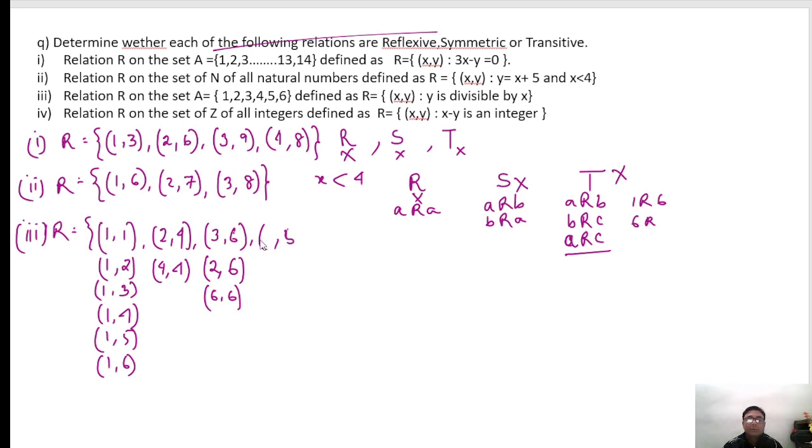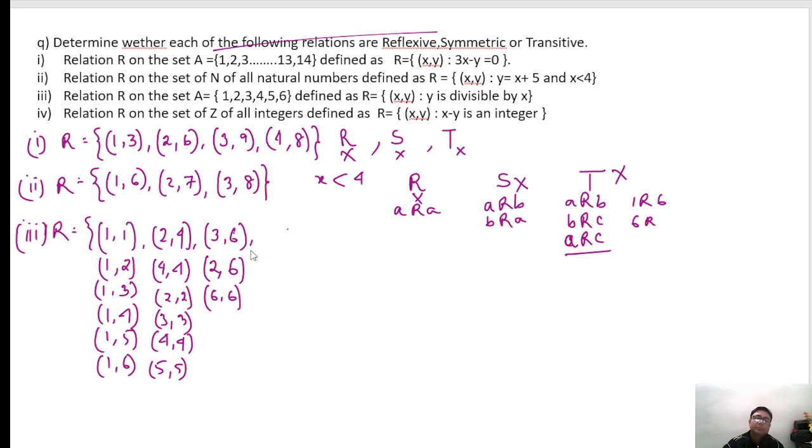So let's see here. Any more number? 2 is divisible by 1 and 2 is not divisible by any other. 2 is divisible by 2, yes, we can take that. 3 divisible by 1, so 3 is also divisible by 3. 4 divisible by 1, so 4 is divisible by 4. 5 is divisible by 5. 6 is divisible by 6, we can take that.